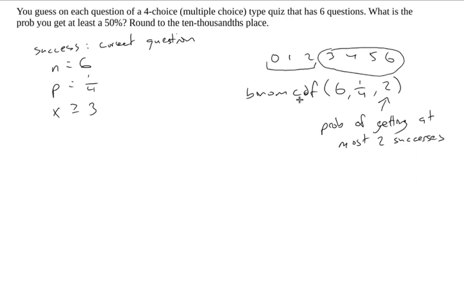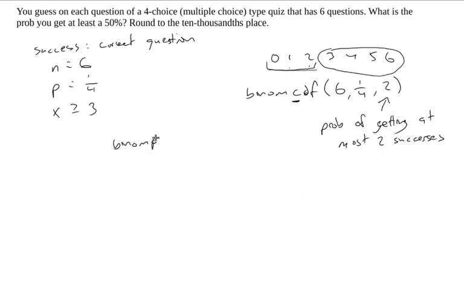So if we use the BinomialCDF, it's actually going to figure out the probability of getting 0 successes, the probability of 1 success, the probability of 2 successes, and add those 3 numbers together to give us this BinomialCDF. The C stands for cumulative in this instance. The P, when we're talking about the BinomialPDF, would stand for the binomial probability distribution function. This is the binomial cumulative distribution function.